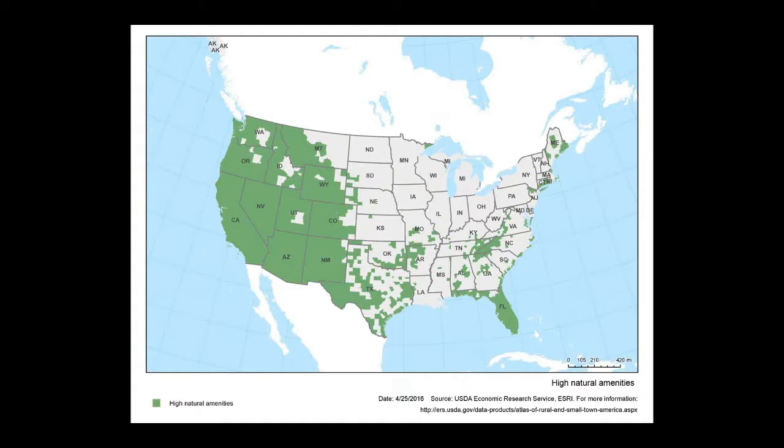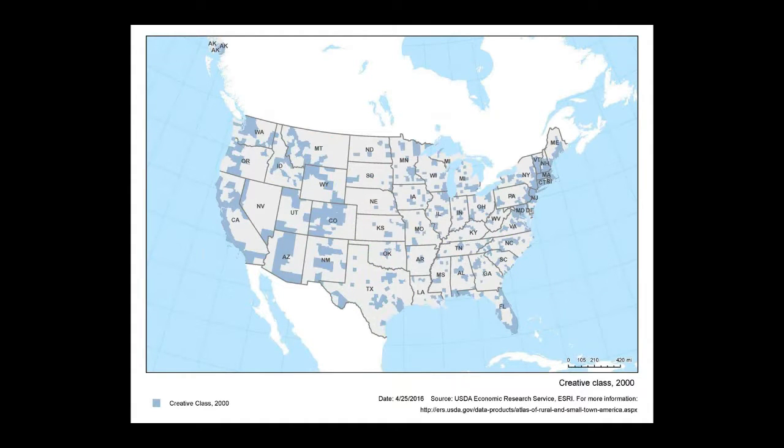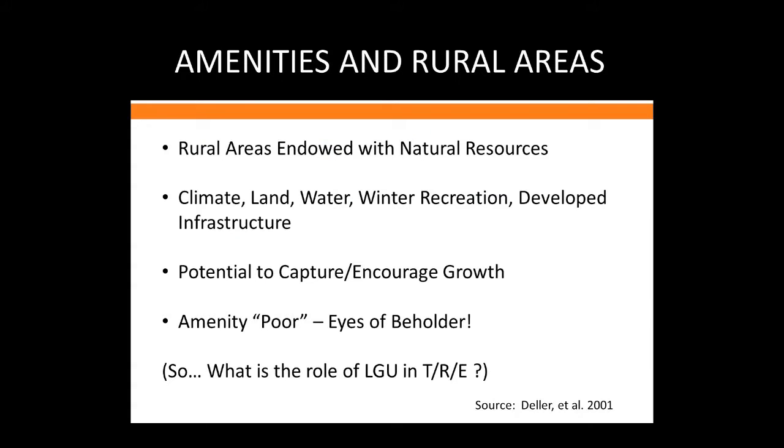Always fun to look at these types of issues dealing with natural amenities and how, in fact, they impact rural growth. Do those natural amenities attract the creative class, as we might define creative class? You can see a little distribution here spatially regarding the creative class across the country. It leads to this conversation about amenities in rural areas.